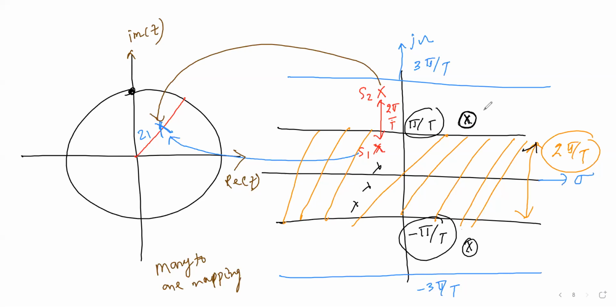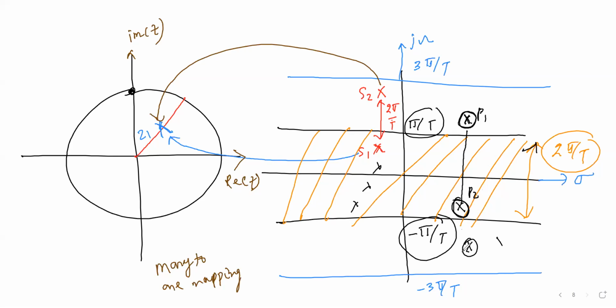If you take a pole above, and you subtract the 2 pi by T difference, then one pole will come here. Let pole 1 and pole 2 map to the same pole in the Z domain.